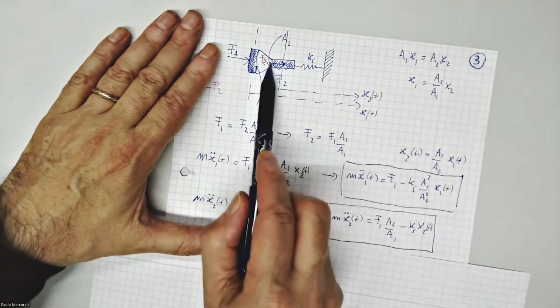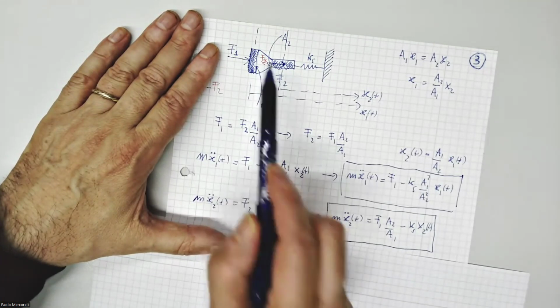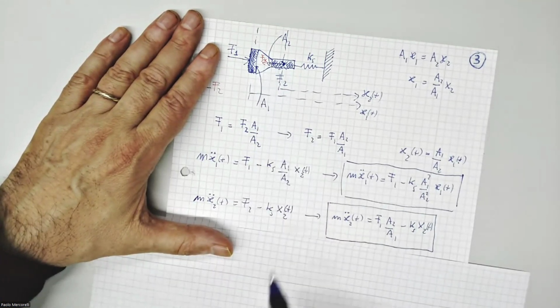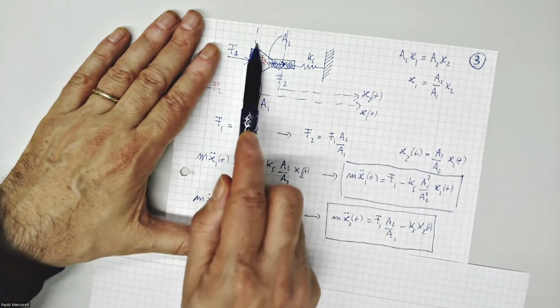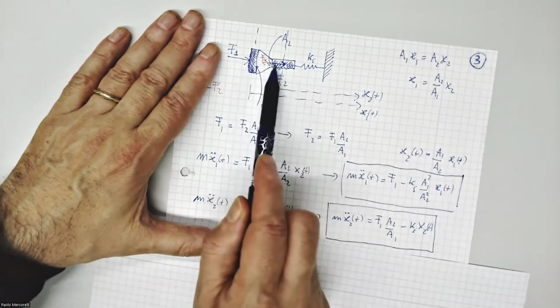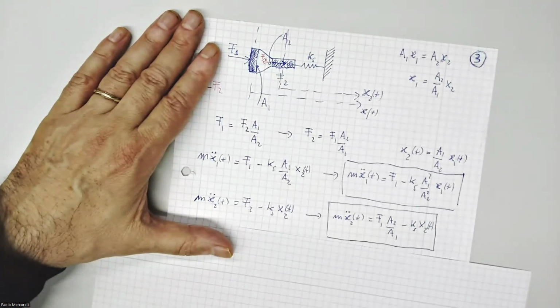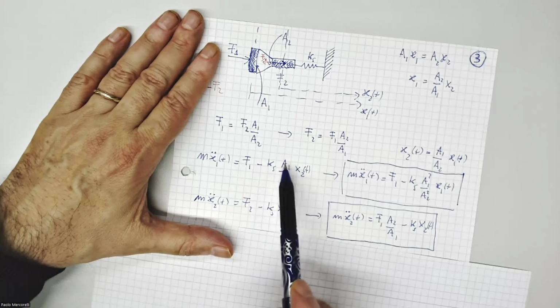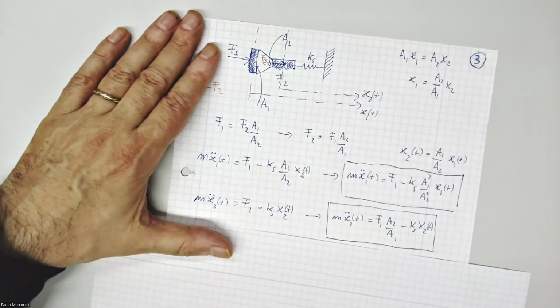I try to express again. The movement here, which is responsible for the reaction force, is basically something which is larger than this one. This means it is x2, which multiplies this ratio here.